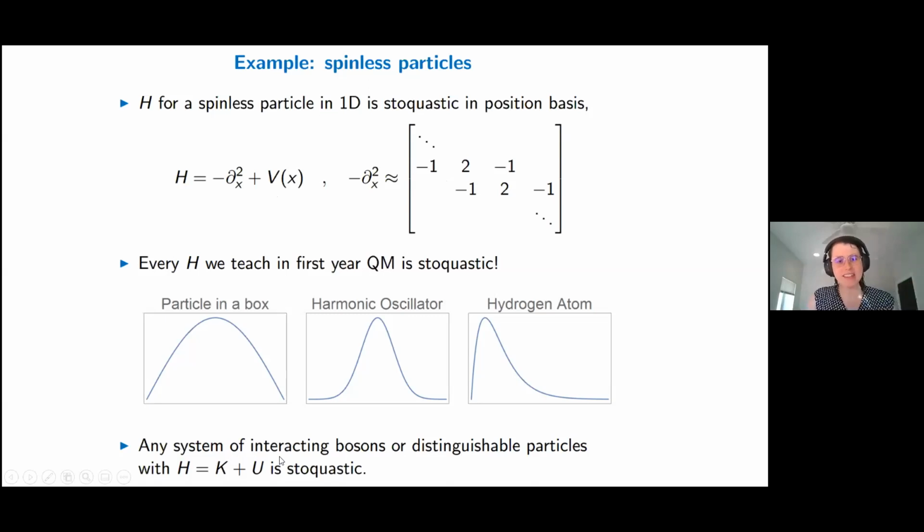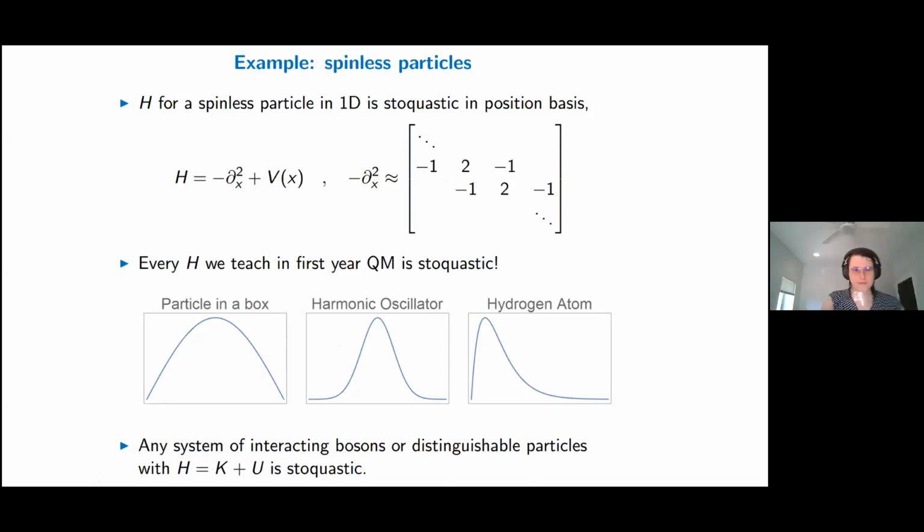And so in fact, any system of interacting bosons or distinguishable particles that is written as a standard kinetic energy plus a scalar potential is stochastic and does not have a sign problem.